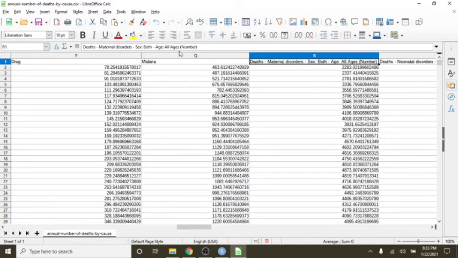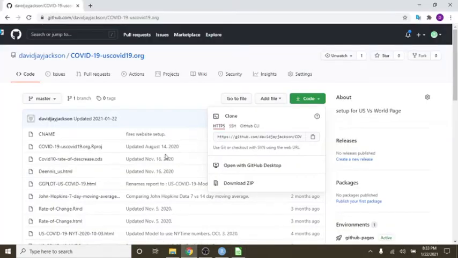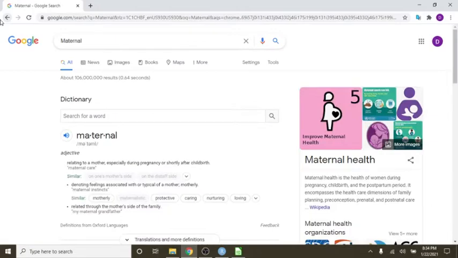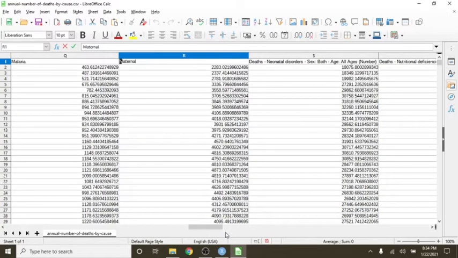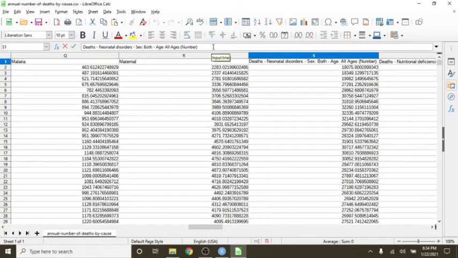Now this says maternal disorders. Now what is maternal? I think it means pregnancy related. Related to mother, especially pregnancy. Okay, so this is apparently pregnancy related deaths, neonatal.